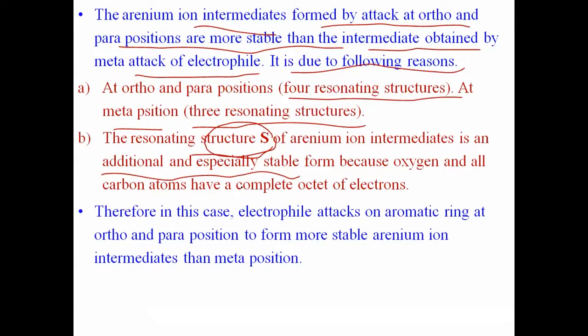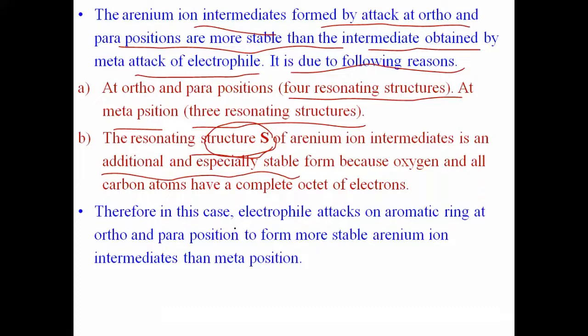And therefore, in this case, the electrophile attacks the aromatic ring at ortho and para positions to form the more stable Arenium ion. So the electrophile attack happens at the ortho or para position, to form the more stable Arenium ion. Remember, during any chemical process, suppose the product is more stable, then the formation of that product becomes easy.